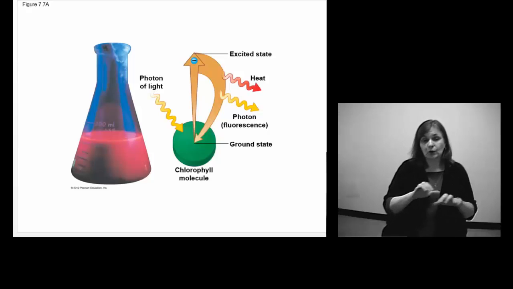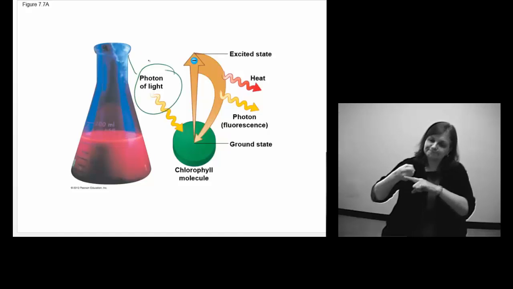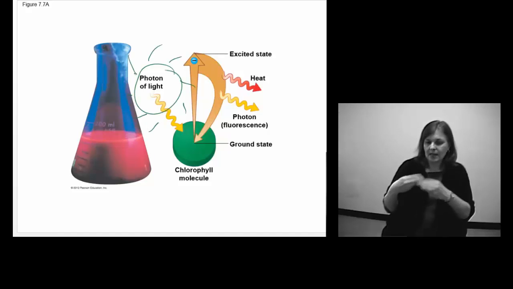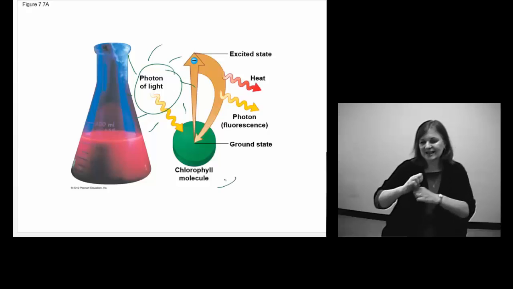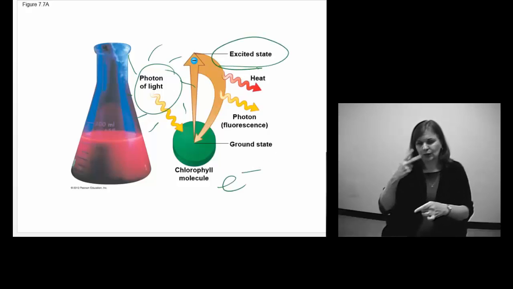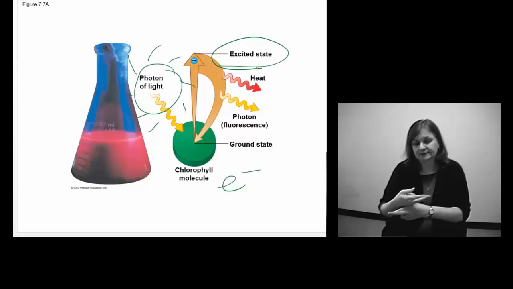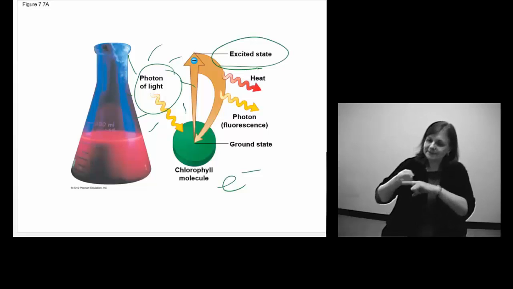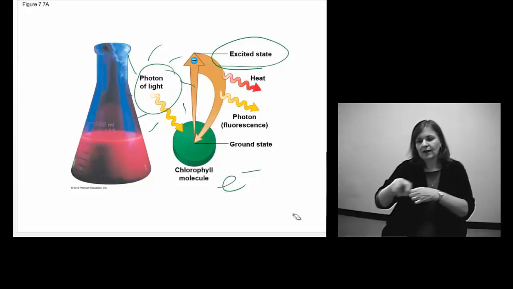What we want to do is energize chlorophyll. So literally what we're going to do is bombard it with light from the sun, and in our chlorophyll molecules cause the electrons to become excited. When that happens, we'll see in the next set of reactions the movement of these electrons between the different photosystems.